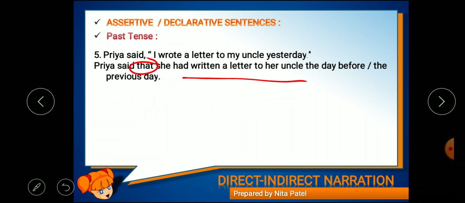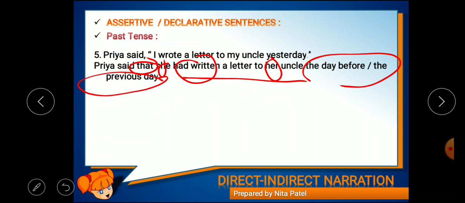Notice the changes: that she had written to, my will convert into her uncle. Yesterday will convert into, there are two ways, the day before or the previous day. You can use any of it. I would suggest that you use previous.